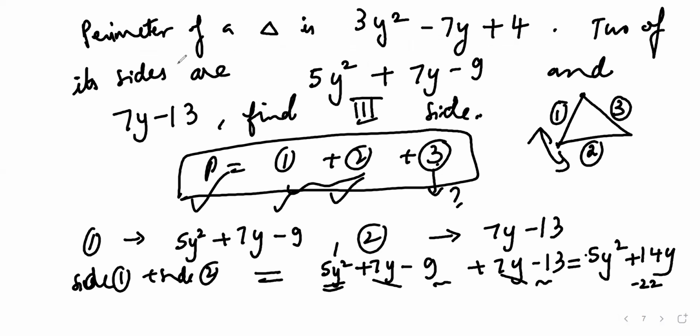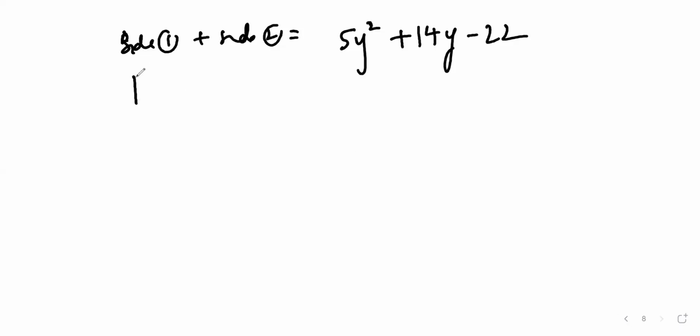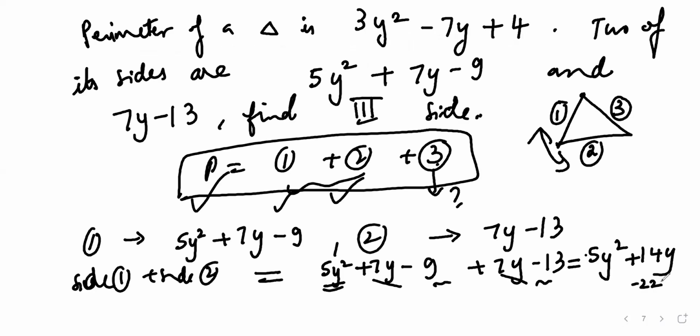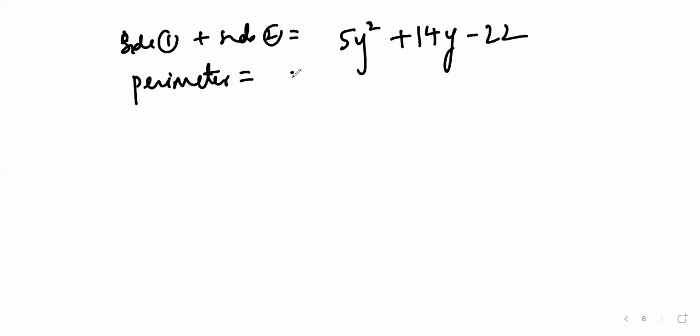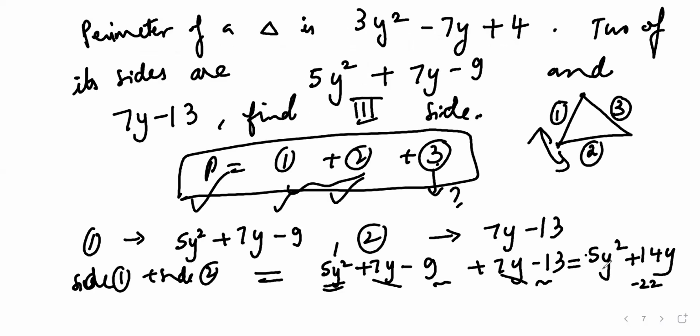So that's about it. And now coming to the perimeter. Perimeter is 3y square minus 7y plus 4. So perimeter is 3y square minus 7y plus 4.